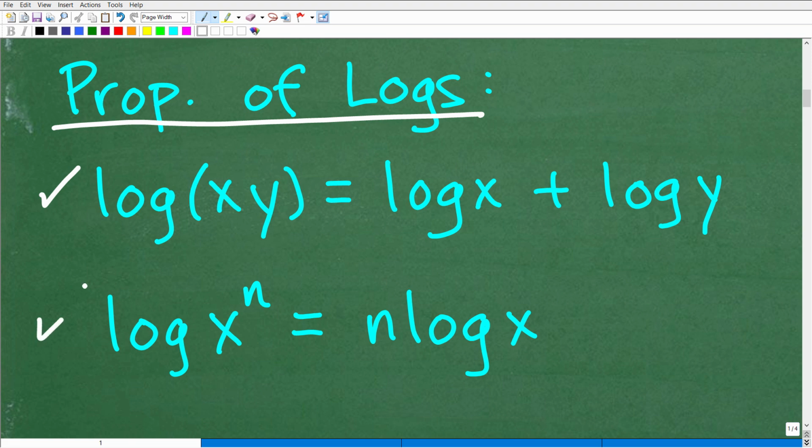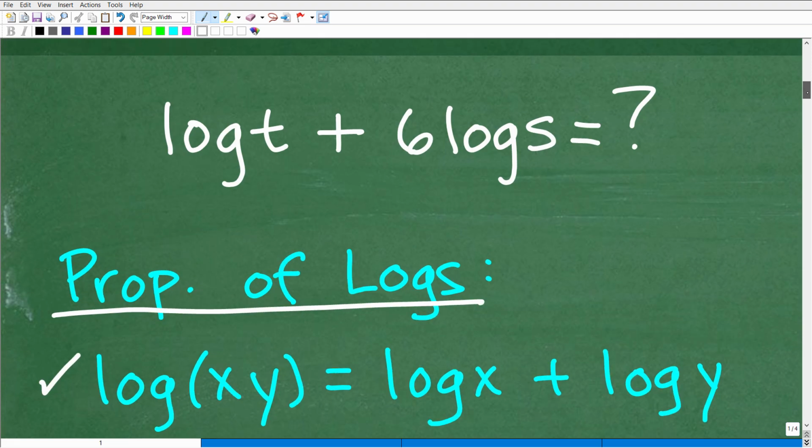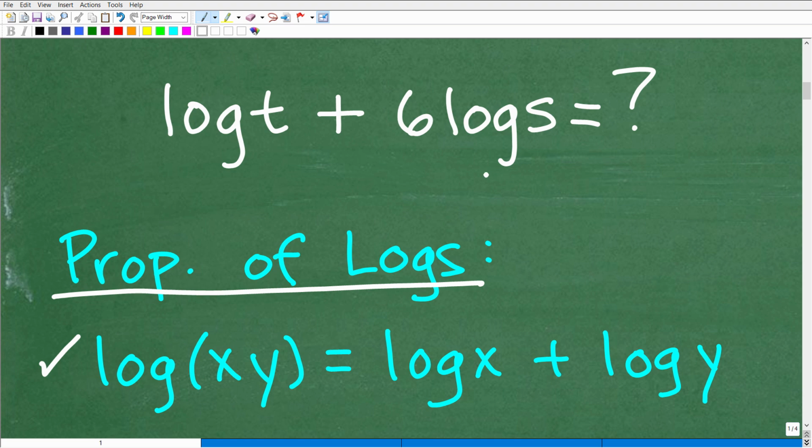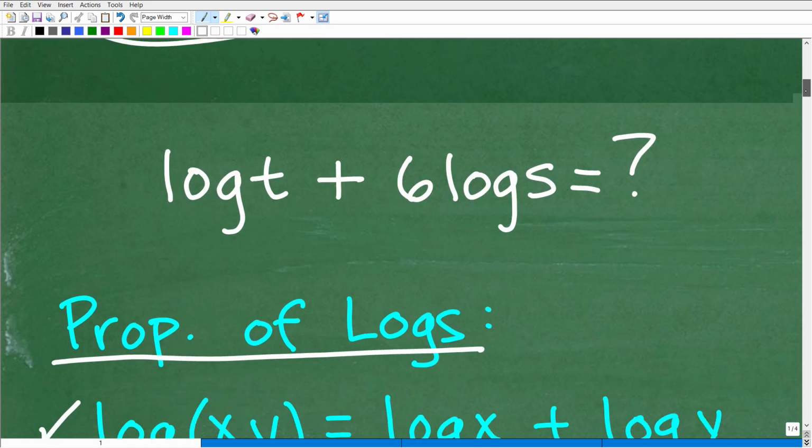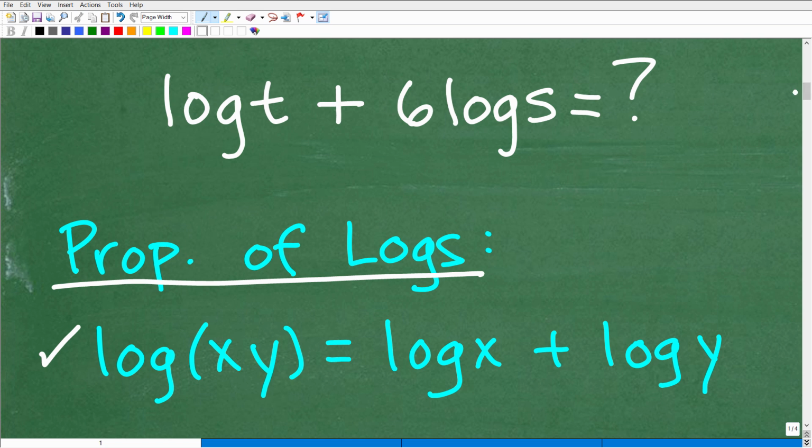So here they are. You might want to write these down and see if you can condense this expression into a single logarithm. Of course, I gave you the answer, there's the answer there. But if you think, okay, I think I could do this, you should always try to pause the video. This is my best recommendation to you. The best way to learn math is to try to do the math, solve these problems on your own.